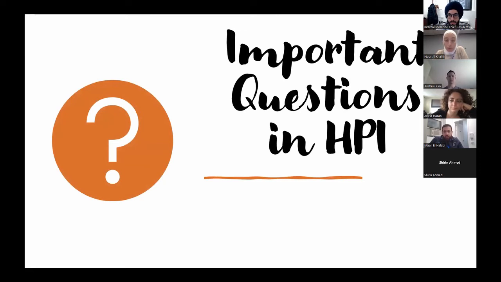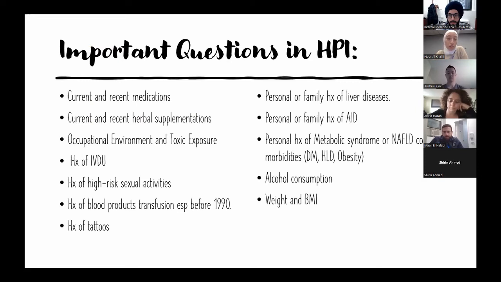So just keep in mind as well, in any case with suspected liver injury, we need to focus on the history. We need to ask for current and recent medications, herbal supplementation as well, occupational toxic exposure, history of IV drug use, history of high risk sexual activity, history of blood products transfusion, especially before 1990.